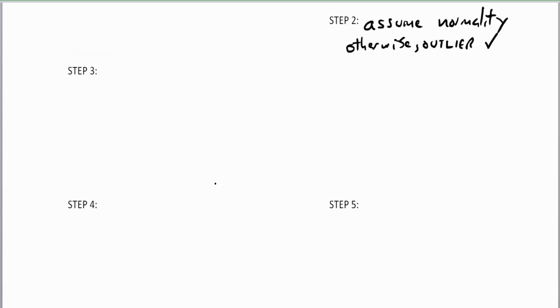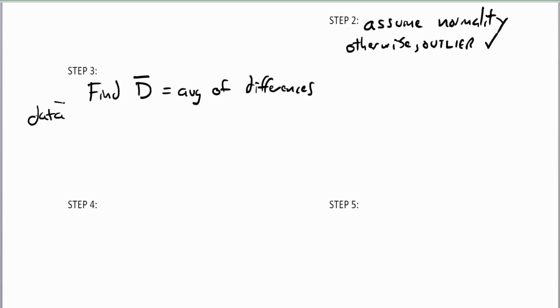Okay, step 3. Step 3 is kind of a multi-step here because this is normally when you type everything into the calculator, but we do have to do a little bit of prep work. You have to find the d-bar, and d-bar is an average of the differences. And what's cool about this is that the data setup on the calculator will allow us to do this just by typing everything into list 1. So you're going to enter the differences, not the data, into list 1.